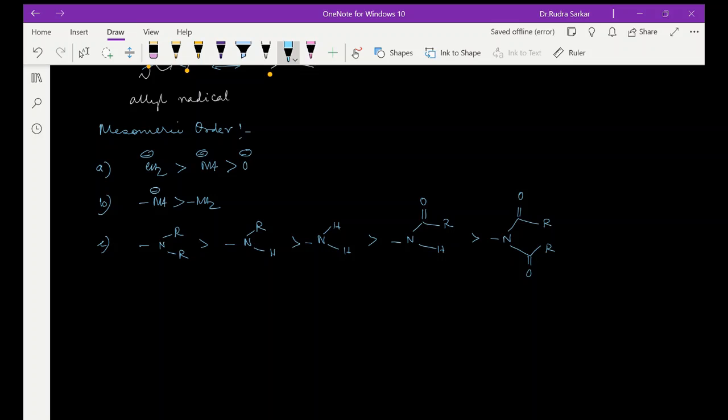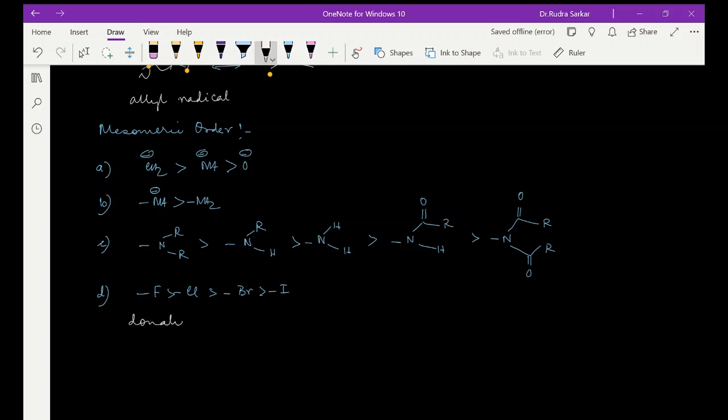Okay. In cases of halogens, if we compare fluorine with chlorine, with bromine, with iodine, this might be surprising for you, but over here, donation happens with respect to the energy gap between the donor and the carbon.